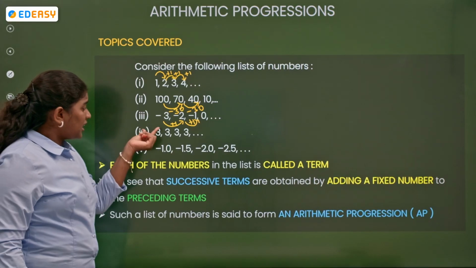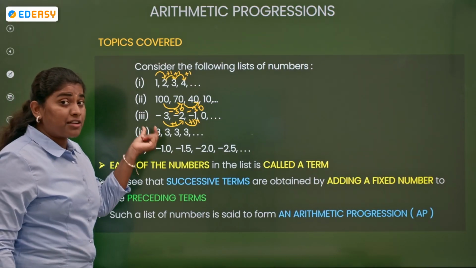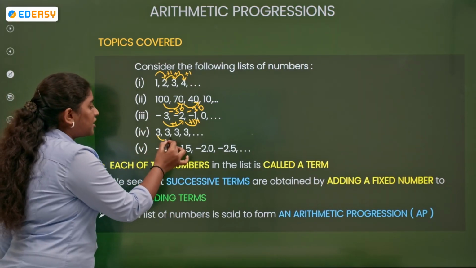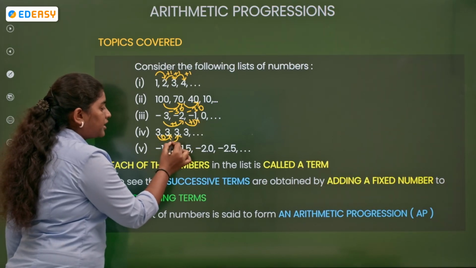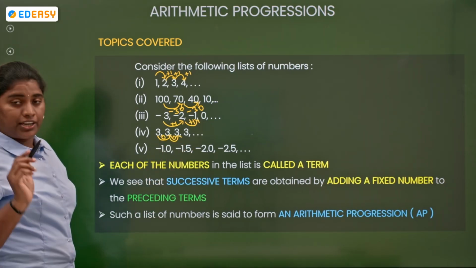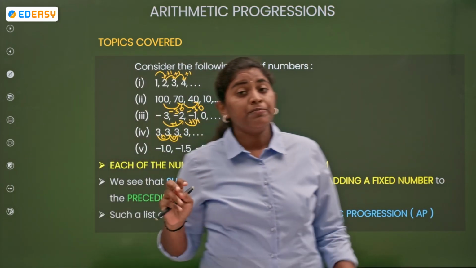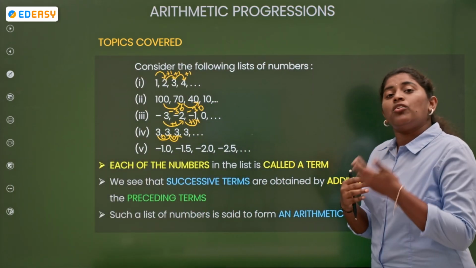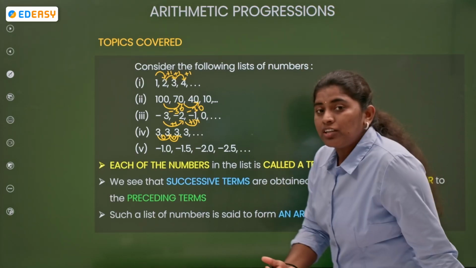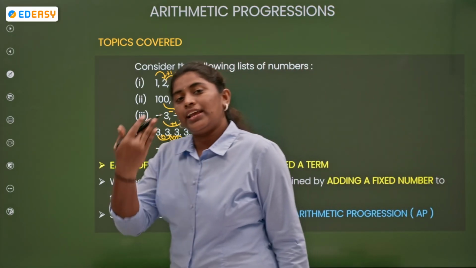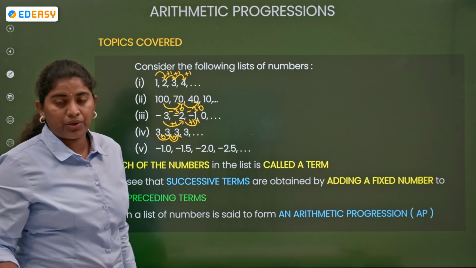Now, coming to the fourth one, if you observe clearly, from 3 to 3 we are not adding anything, so it is 0, and from here to here it is 0, like that. If you observe clearly, we are just going to add or subtract. Actually, it is not only adding; by subtracting also you will get the next terms in your list.